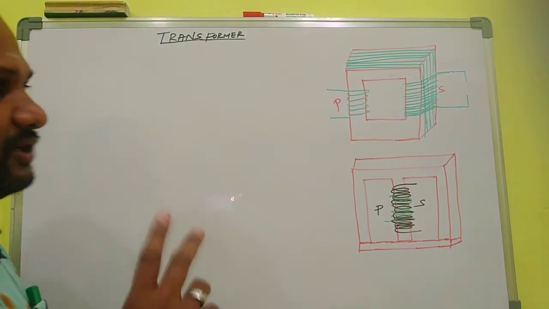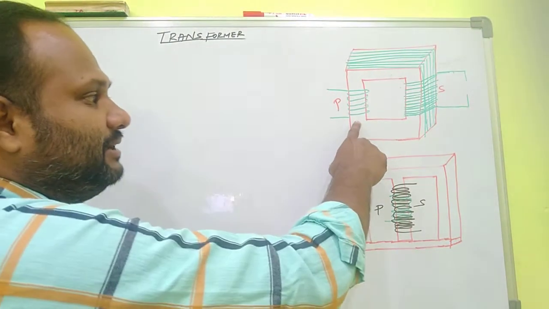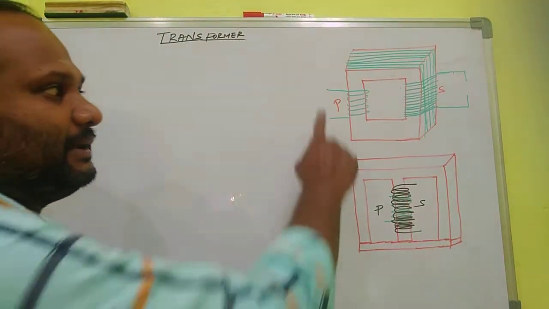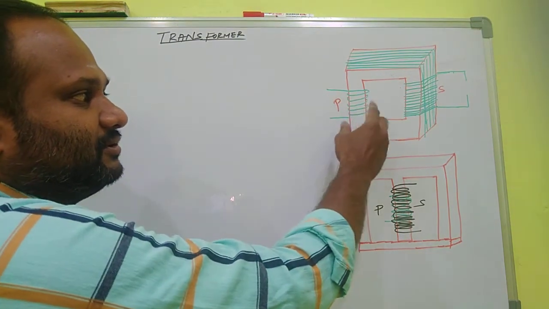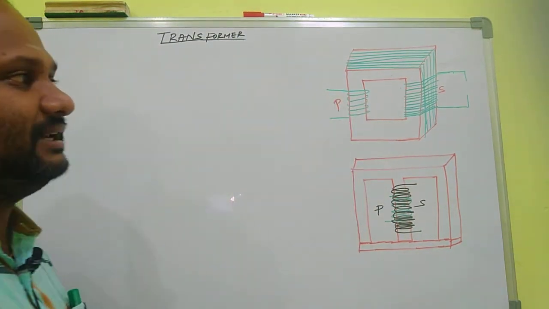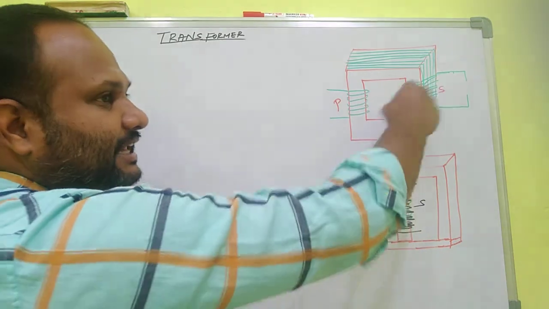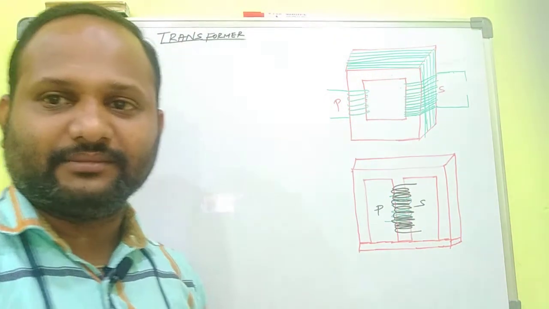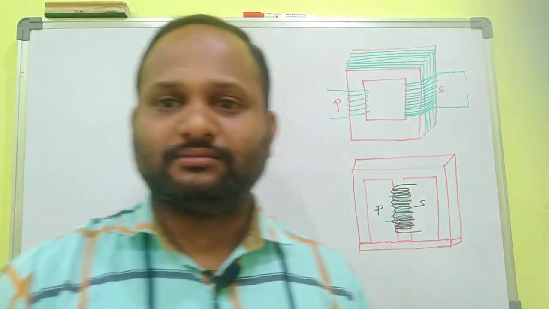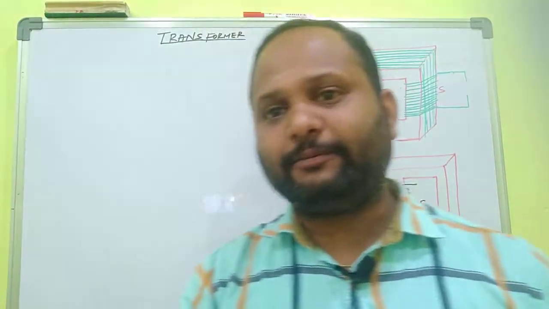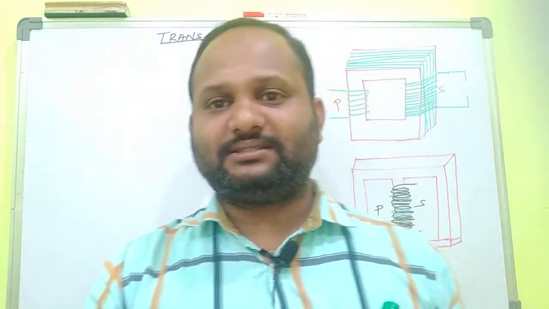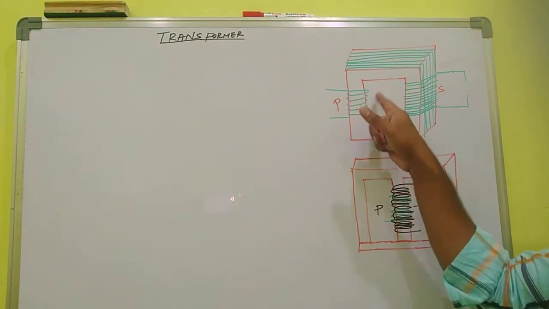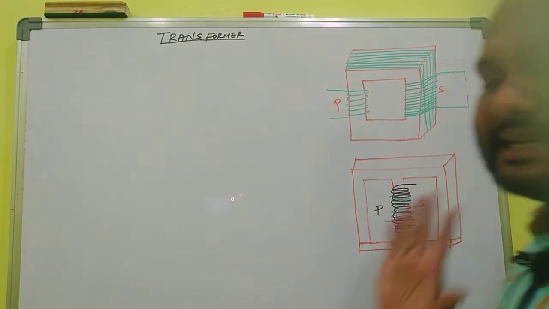There are two windings. One is the primary winding. Another one is the secondary winding. The primary winding consists of a less number of turns, and the secondary winding consists of a large number of turns. This is the structure of the transformer. So one is the frame, another one is the core, the central part, and the third one is the windings, primary and secondary.